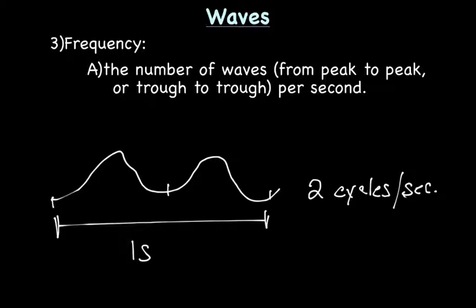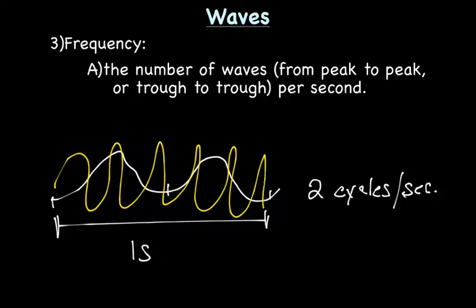Or we could have something like, I'll draw the next one in yellow. Going from trough to trough, we have 1, 2, 3, 4, 5, 6. So this one is 6 cycles per second.